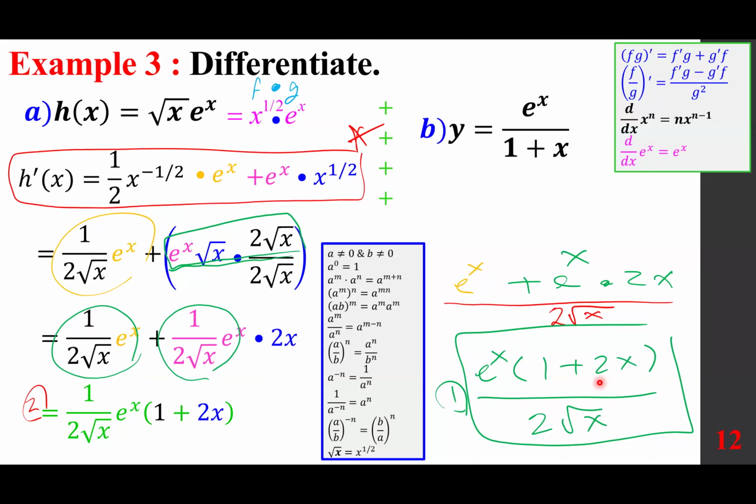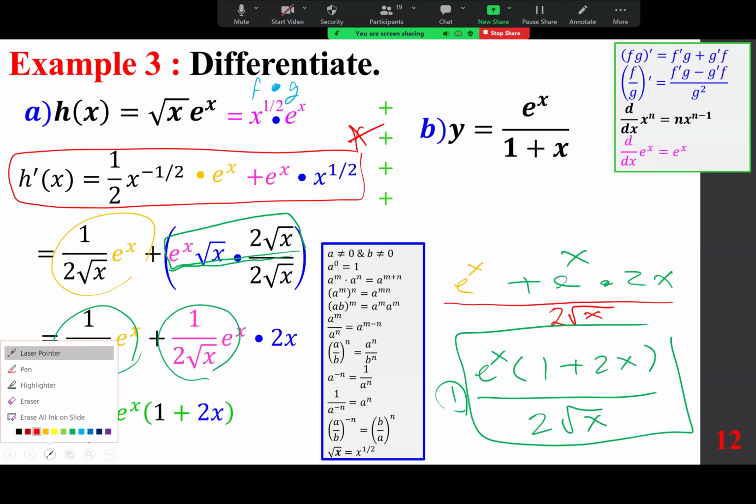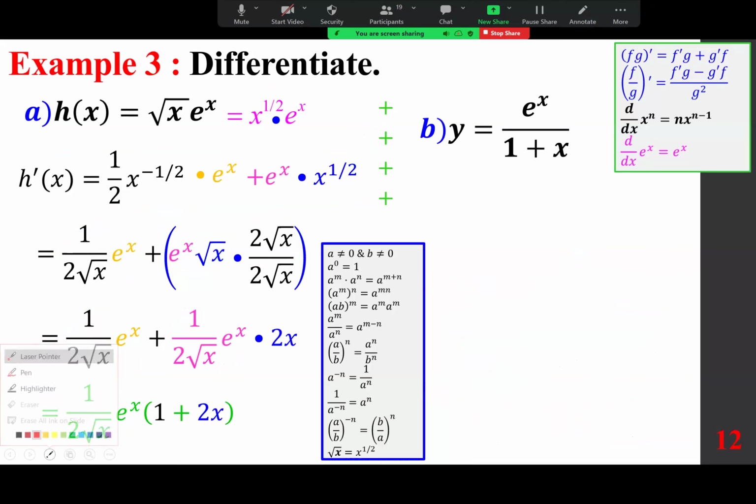Now, y equals e to the power of x over 1 plus x. We are going to differentiate this, and I'm going to erase everything first. And then I'm going to write f over g, which means I need to use the quotient rule.